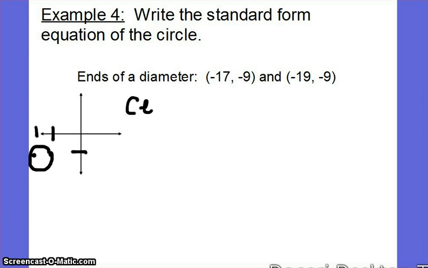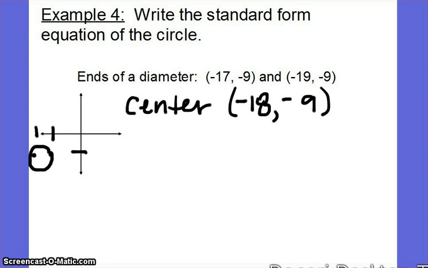The center of that circle would be the point (-18, -9) because -18 is in the middle of -17 and -19, and -9, since all those y values are lining up horizontally. And then my radius is simply 1, from -18 to -17, or from -18 to -19, that's simply 1 unit.